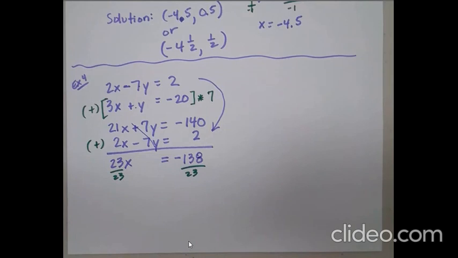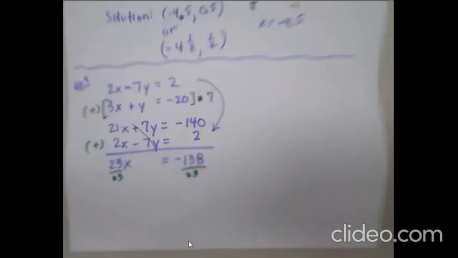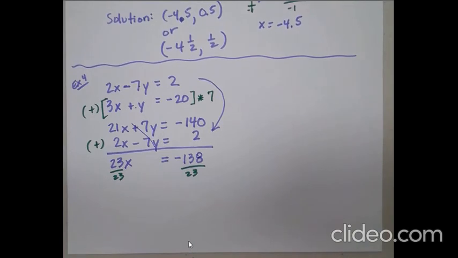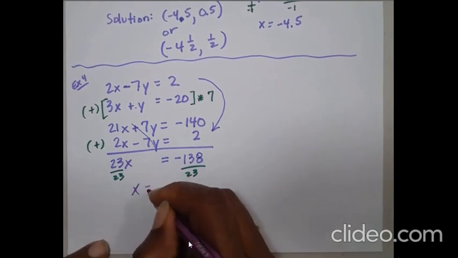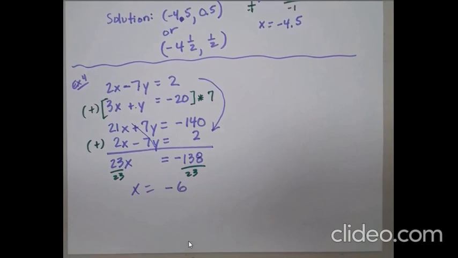Where did it go? 138 divided by 23 is 6 times. Should have been able to do that one in my head. So x equals negative 6.